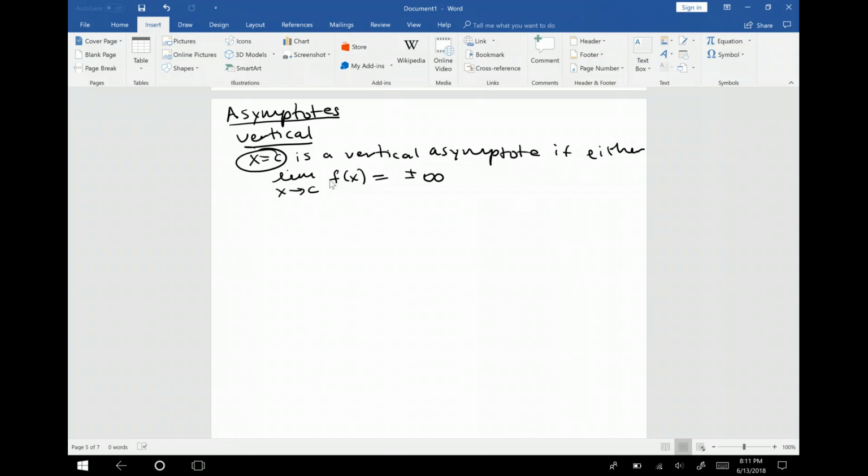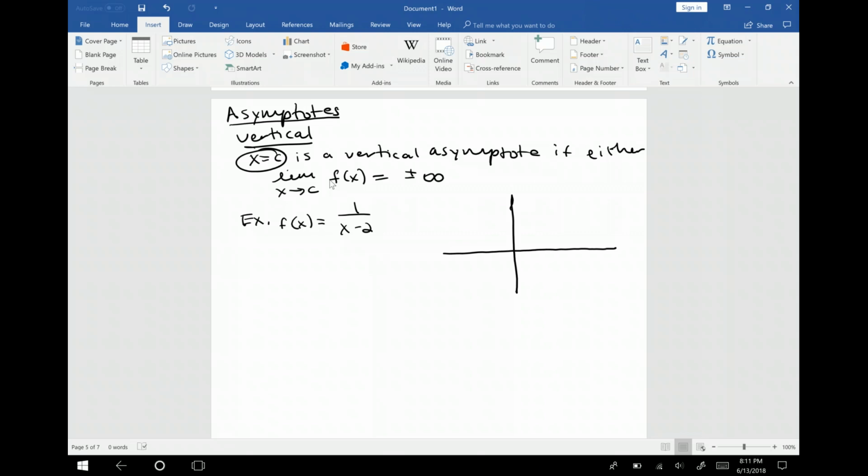So let's look at an example. Let's say we have this function f of x is equal to 1 over x minus 2. And if we were to graph this function, in college algebra we learned how to graph these rational functions.